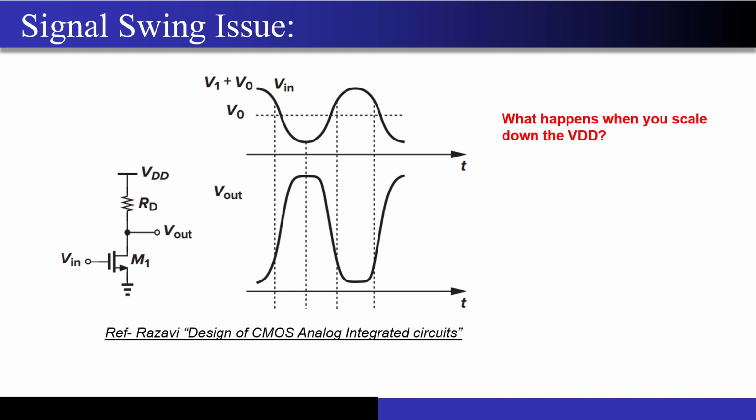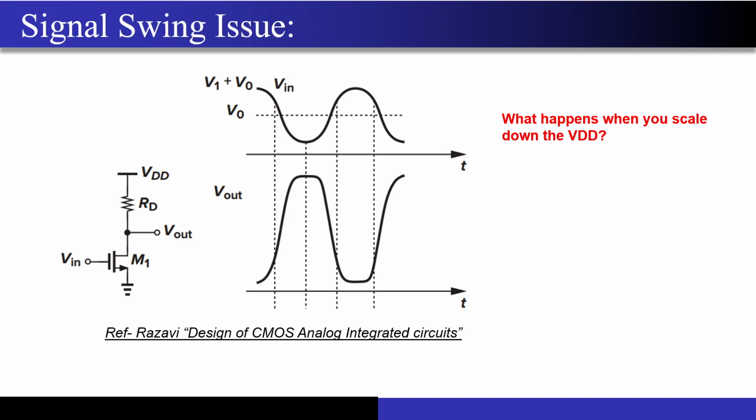See, first of all, why did we reduce the channel length? We reduce the channel length to make the device faster, right? And why do we want a faster device? Because if I have a very fast device, then my MOSFET can react very quickly to an incoming signal which has a higher frequency.